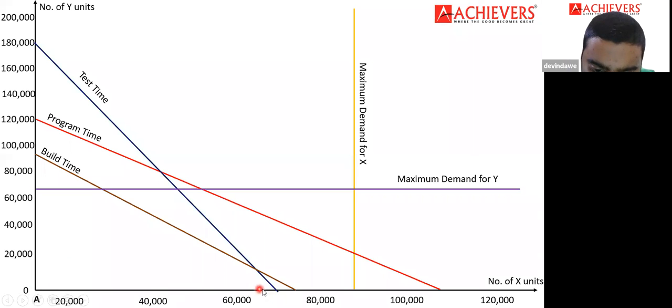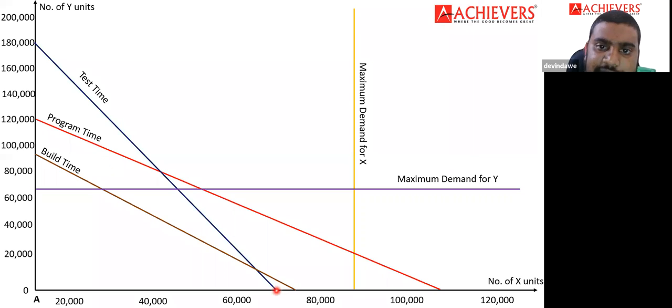The first corner that you hit is right here. This is where the test constraint intersects with the x-axis. Clear? The test resource intersects with the x-axis.